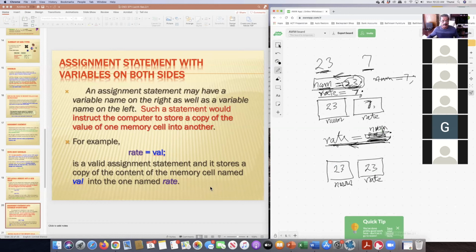I have a question. Sure. If you put the semicolon where rate is, will it make it so that val is equal to rate instead of the other way around? Or does that not matter?